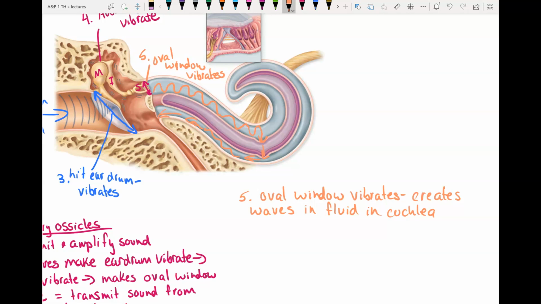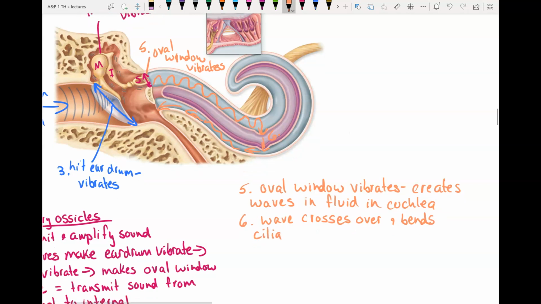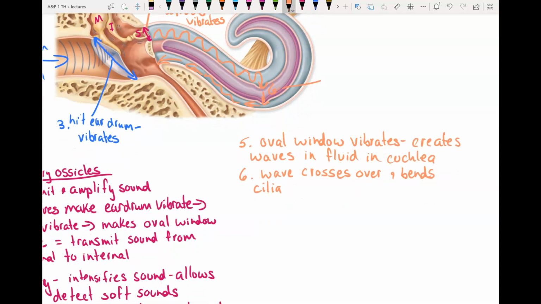When the wave crosses through, it bends little hairs called cilia. When it bends those cilia, that sends a signal to the brain. And the signal goes through the vestibulocochlear nerve.